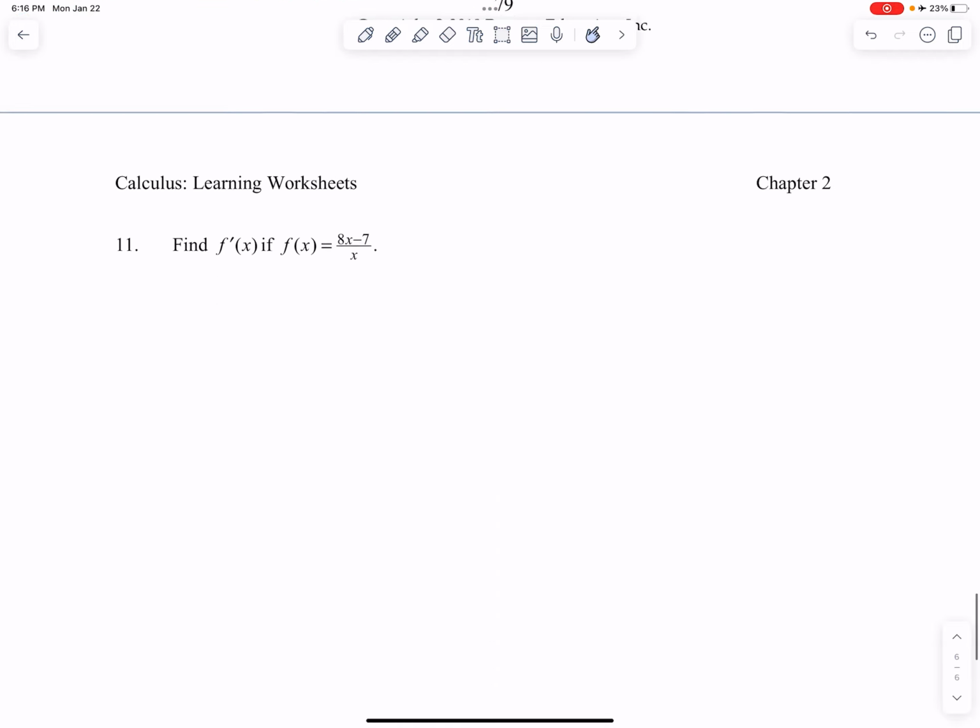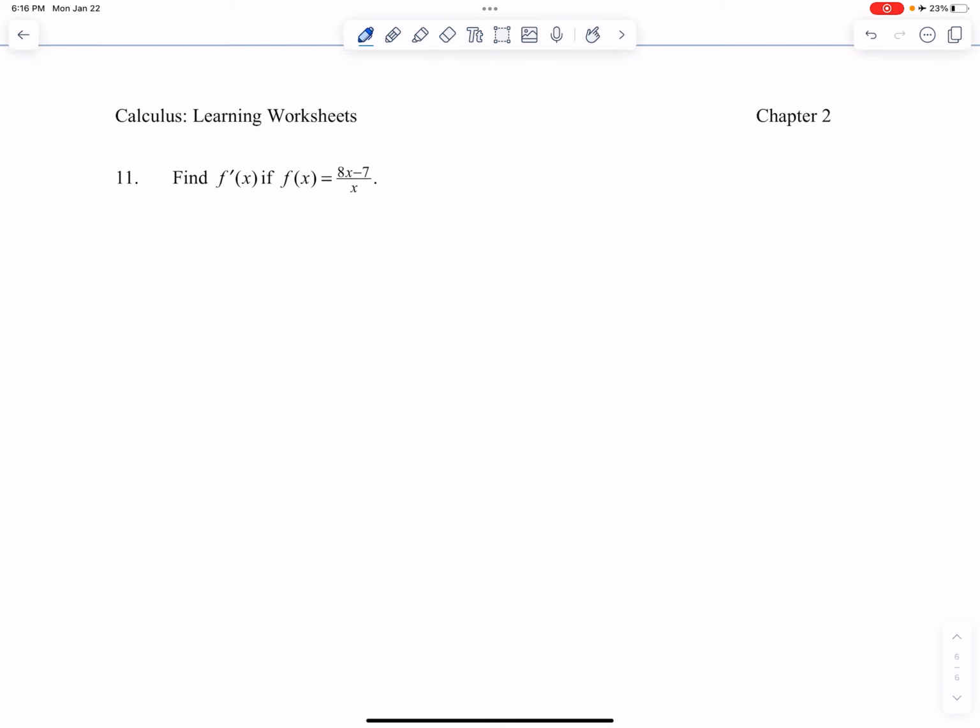All right, one more. F prime if f of x equals 8x minus 7 over x. So I am going to rewrite this. F of x, 8x minus 7 over x. I'm going to break it into two fractions, 8x over x minus 7 over x.